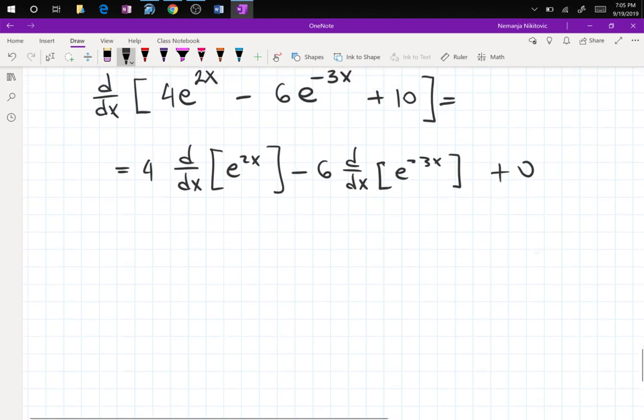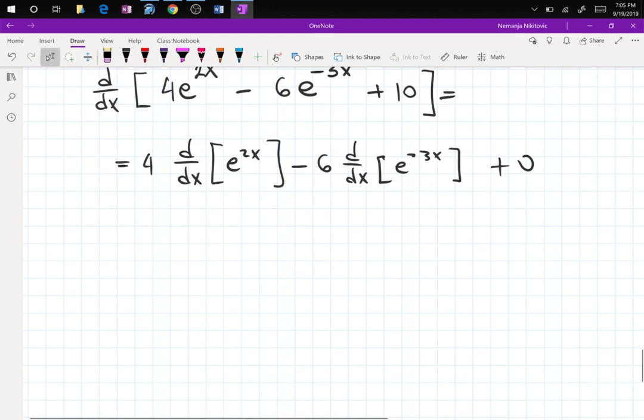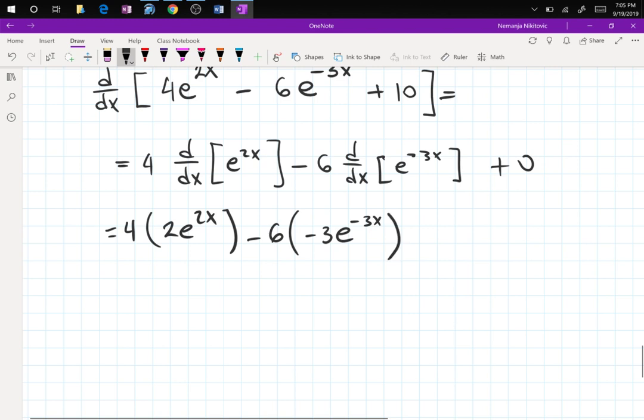Now, if you have a number in front of x for e to the ax, that number just flat out drops down. So we have 4 times 2e to the 2x minus 6 times negative 3e to the negative 3x, and now 8e to the 2x plus 18e to the negative 3x.